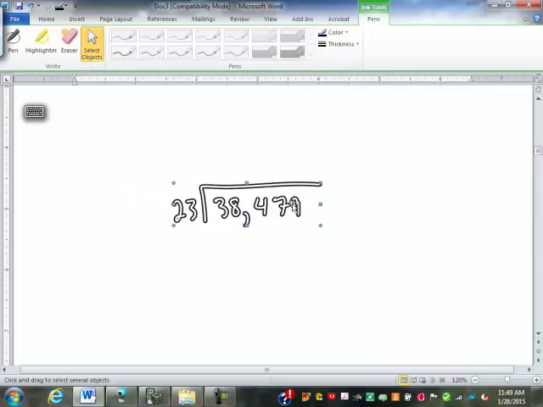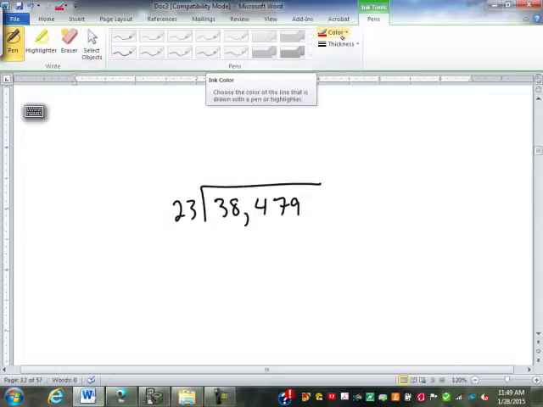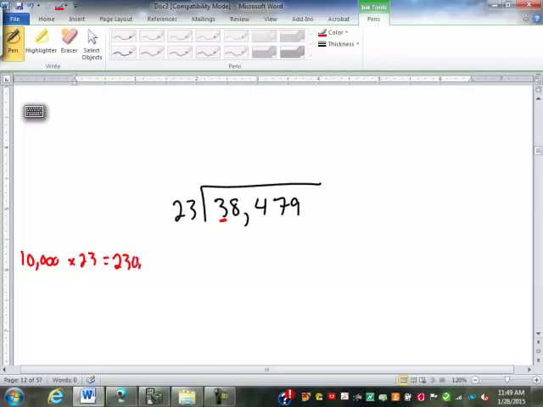I am not about to start subtracting 23 from 38,000. I don't have that kind of time. But if we could subtract large bundles of 23s all at once, we could do it rather quickly. And the way we do that is we look at the place value of the number we're dividing. This first digit is in the 10,000s place, so we're going to do 10,000 times 23 is 230,000.